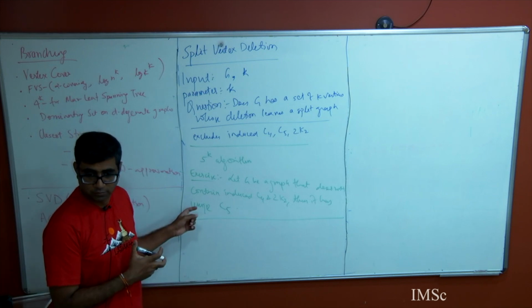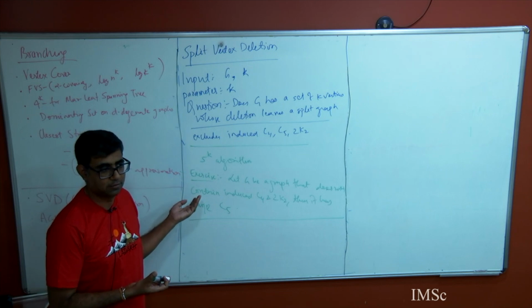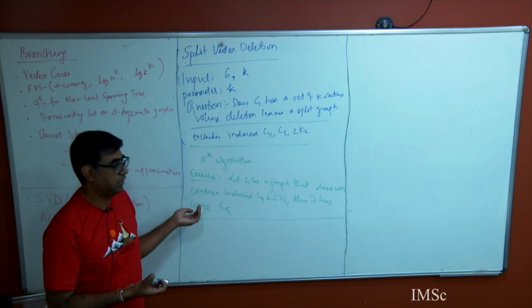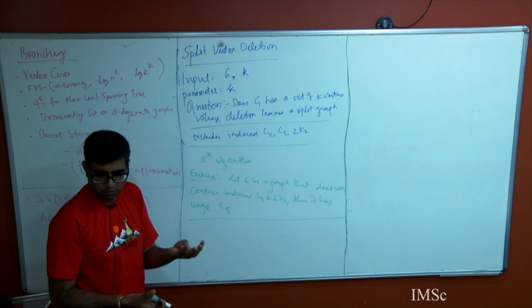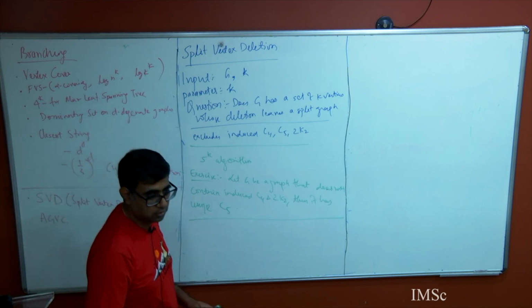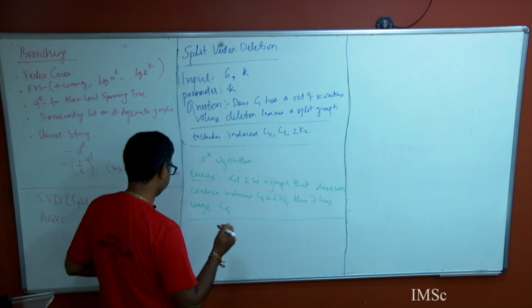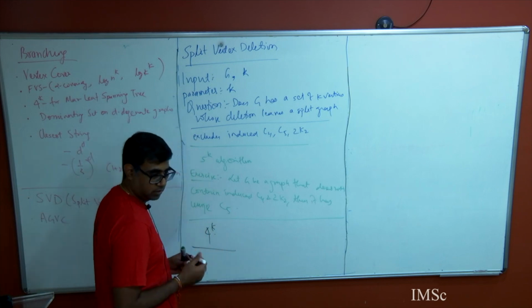If I prove this lemma, then what algorithm will I get? First I will get rid of C4 and 2K2, which are obstructions of size 4, and then the graph is so simple that I can solve my problem in polynomial time. So 4 power k, excellent. Agreed? But you have to prove this lemma.